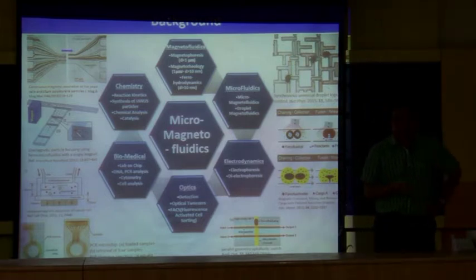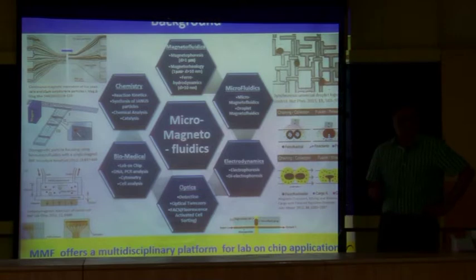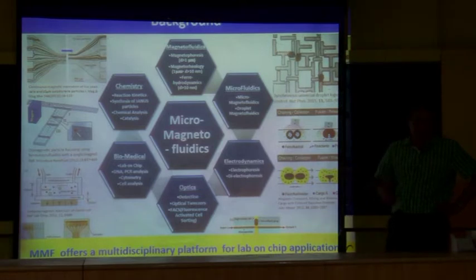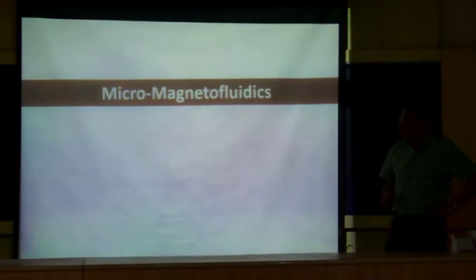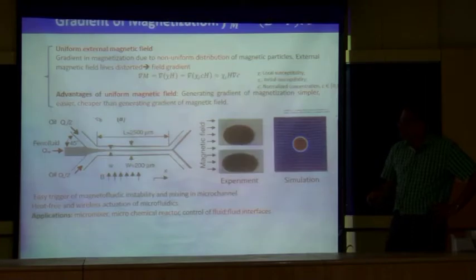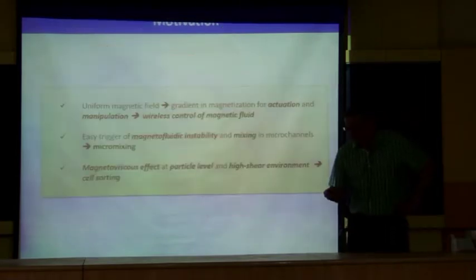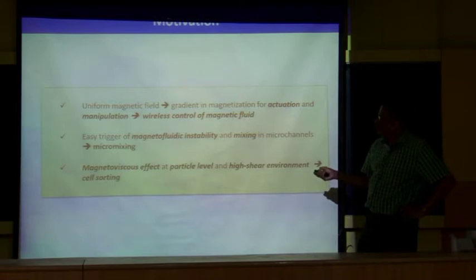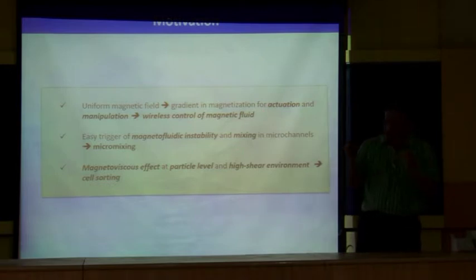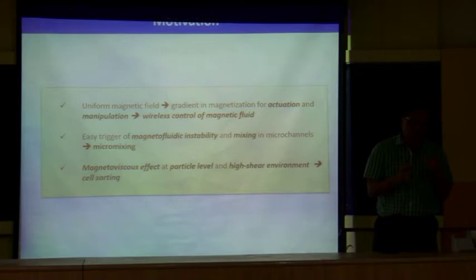Okay. So how do we manipulate the fluids? Only when you manipulate the fluids can you do all these things. So what we did was, normally one of the limitations of using ferrofluids is that you need a gradient in magnetization. Normally you need a gradient in field. So in other words, to produce a movement of a magnetic particle, you need a gradient in the field.